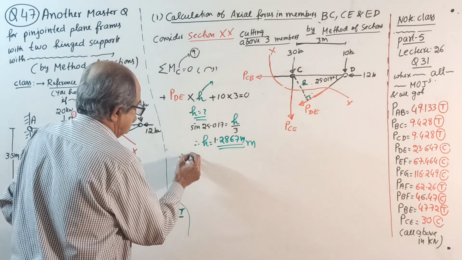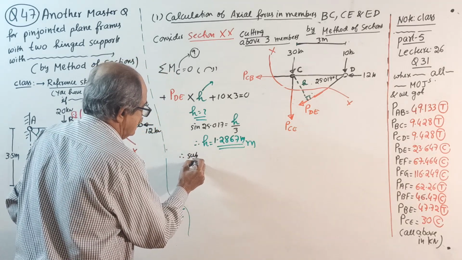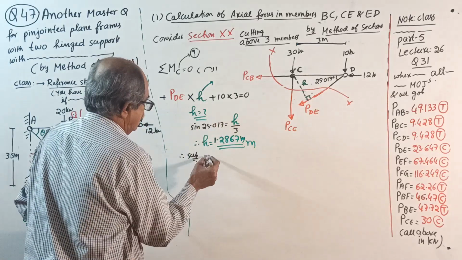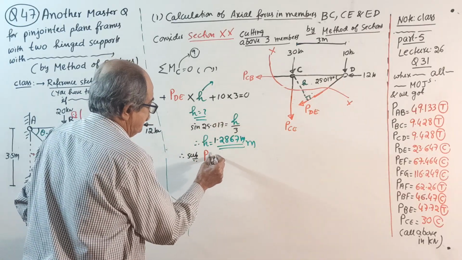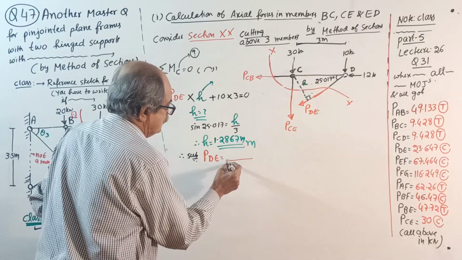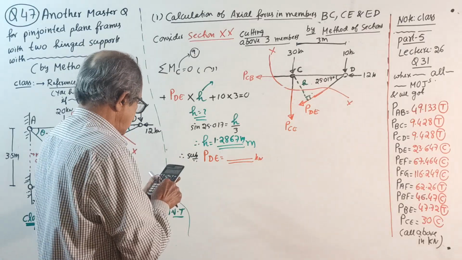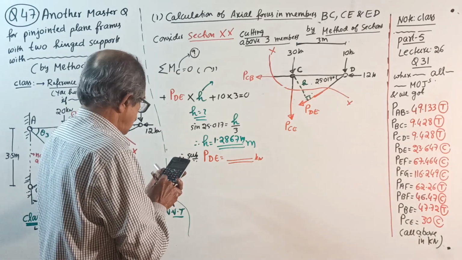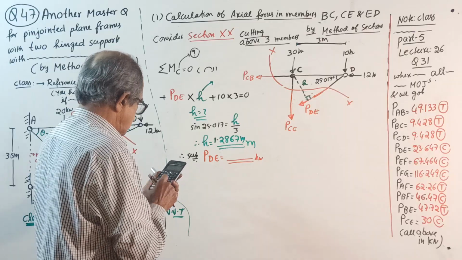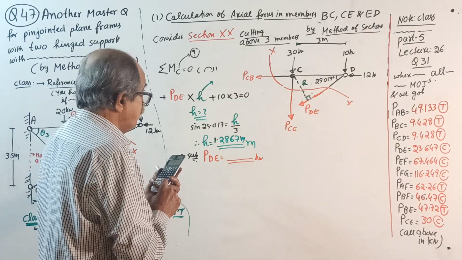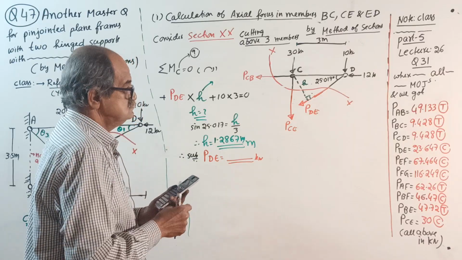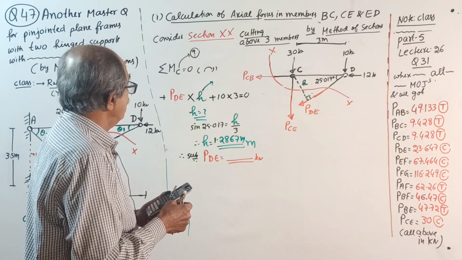Therefore, substituting, we get the value of PDE. See, PDE will come. So, show the calculation. How much is it? 10 into 3 divided by 1.2867 is 23.315. Is it 23.315, correct?